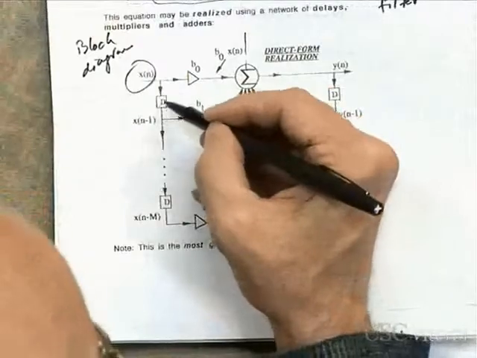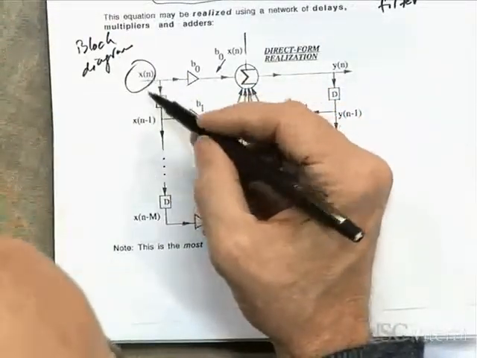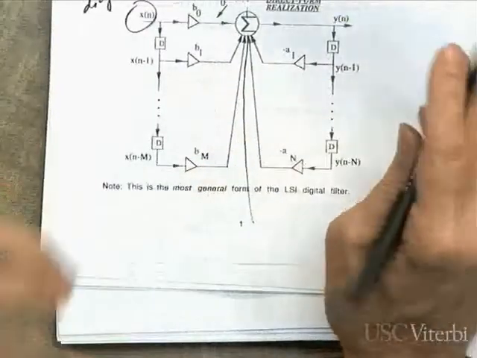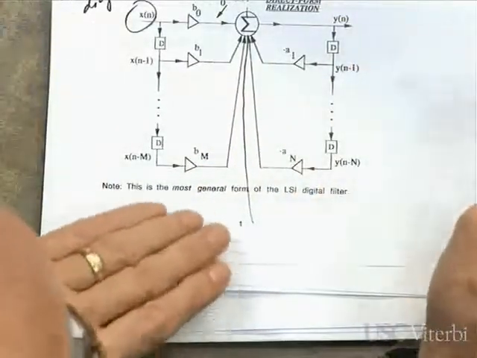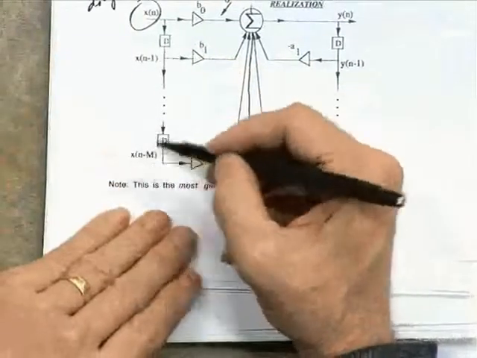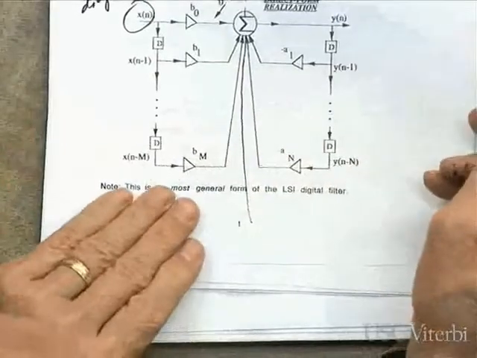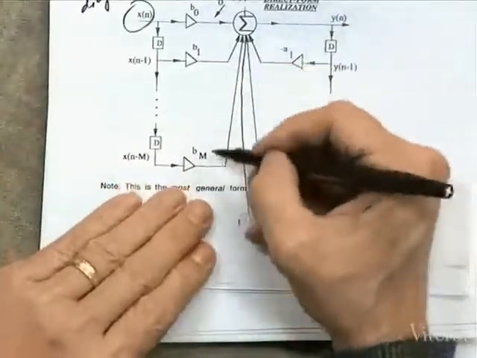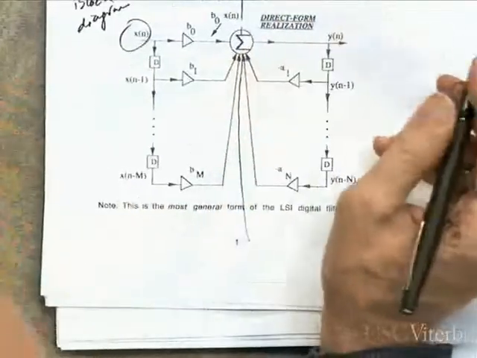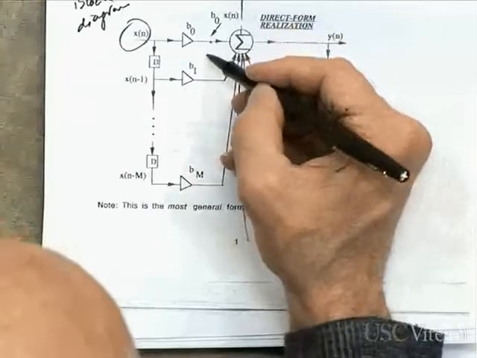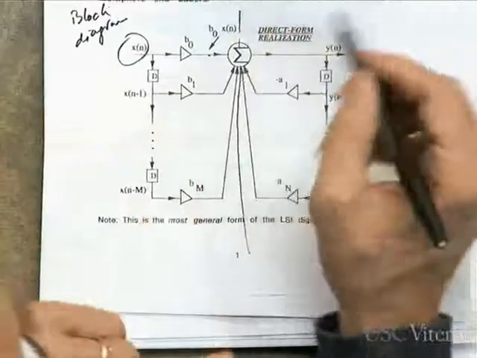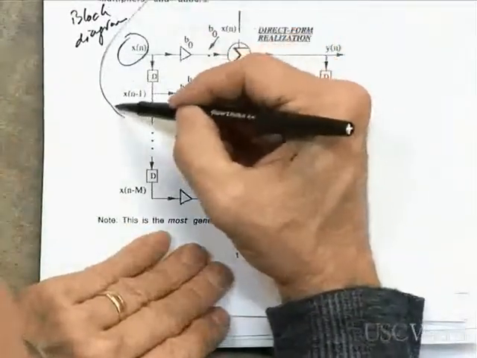I delay, there's that unit delay. I delay x by one sample, multiply that by b1, all the way down, where you've delayed it m times, so you get x of n minus m times b sub m. Those are all added together, that's what this capital sigma sign means. I'm going to take all of these and add them all together, and that corresponds to this part.